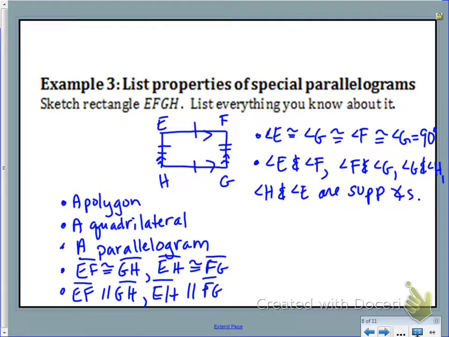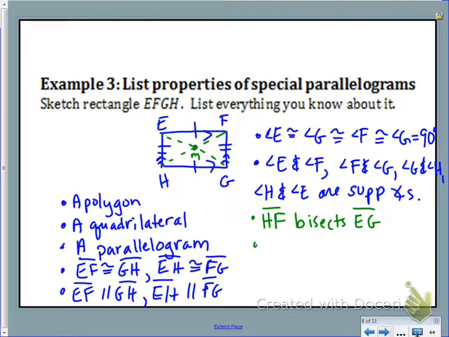Now, what we have yet to discuss is the diagonals. So we need to know that in any parallelogram, the diagonals bisect each other. So I'm going to put a midpoint here. So we know that HF bisects EG. There's the diagonals bisecting.